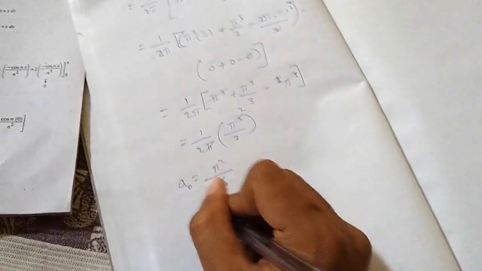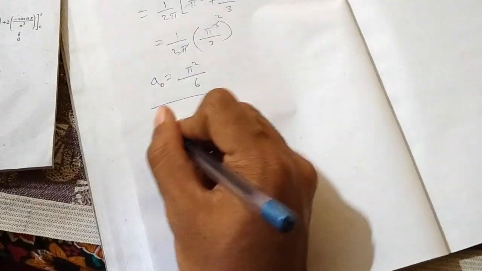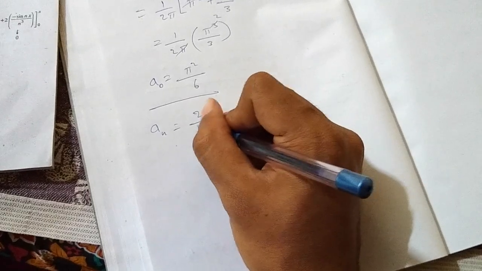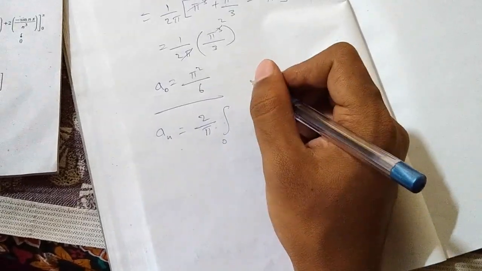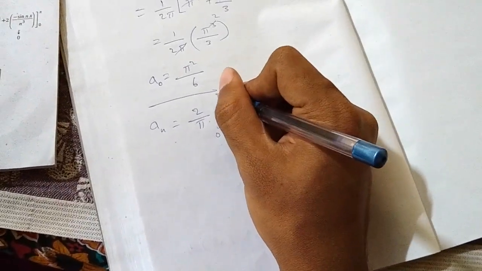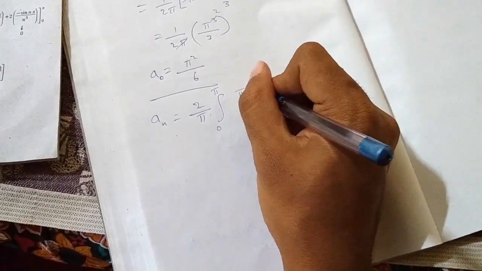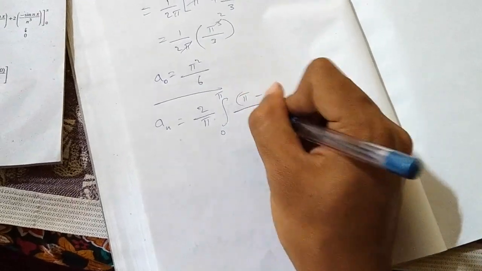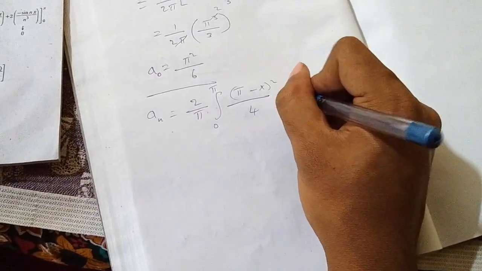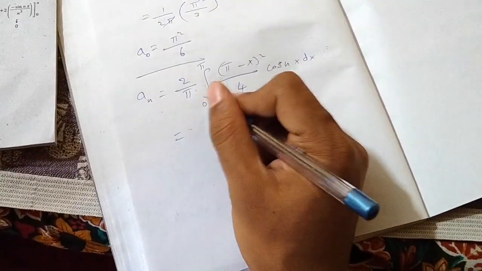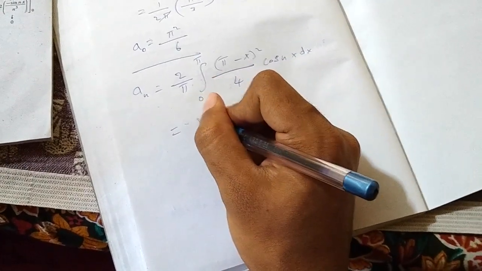Okay, this is a0. Now we have a0. Let's find out an. That starts like this: 2 by pi, integral with 0 to pi limits, (pi minus x) the whole squared by 4, and cos nx dx. Okay, let's take the 4 out.